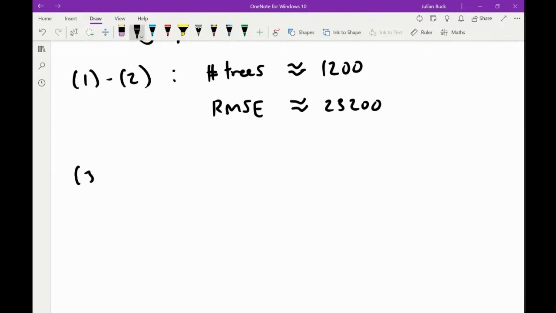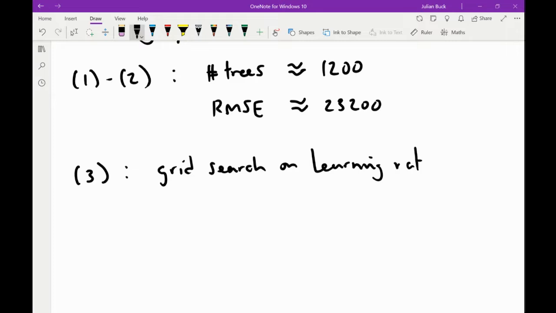So at step 3 now, remember we fix the number of trees and we assess various values of learning rates. Okay. So we grid search on learning rates across the 0.005 to 0.3 range.